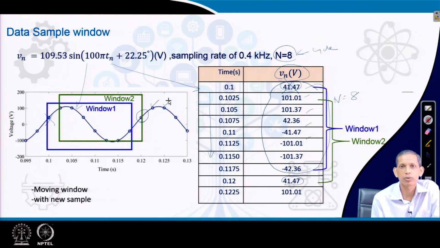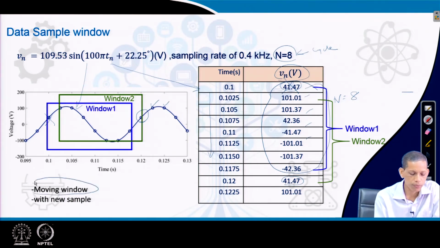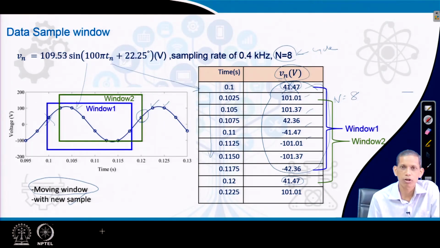The corresponding window goes on shifting, and the one cycle DFT computes the corresponding phasors using the formula which we have already shown in the earlier slide. This is called the moving window approach of computing the phasors. With every new sample the window is updated and the relay computes the corresponding phasor for further calculations.